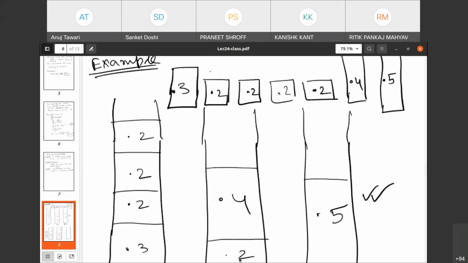So this is a valid packing into bins of size 1, and it requires 3 bins. Okay, you are covering all the elements here. But is this the optimal one? Right? Can you get fewer than 3?